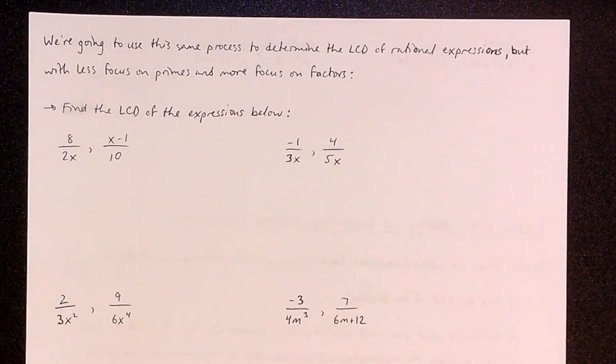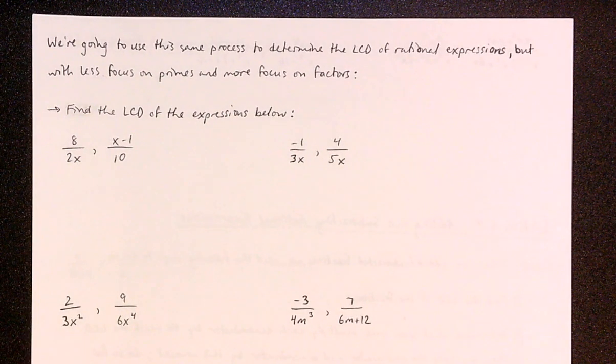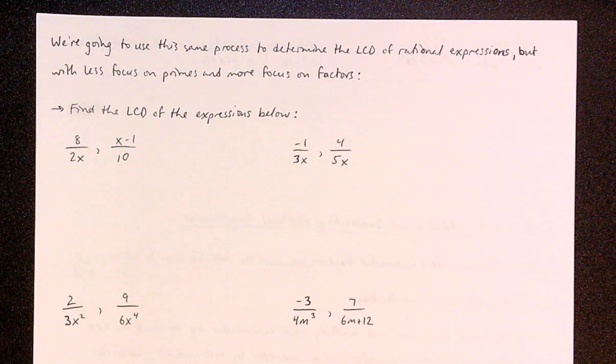So now we're going to see how this works. We're going to use that same process to now determine the LCD of rational expressions. But now we're having variables and letters being thrown in. So we're not going to focus just on the primes.